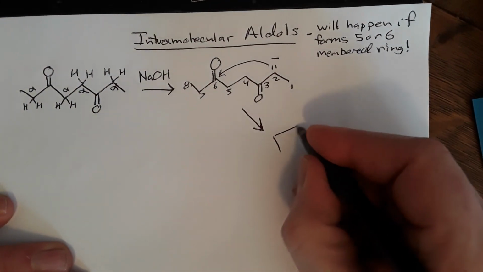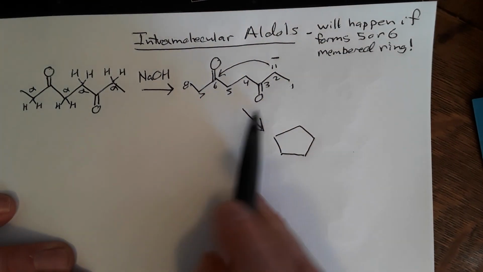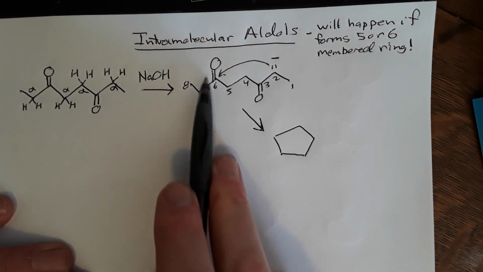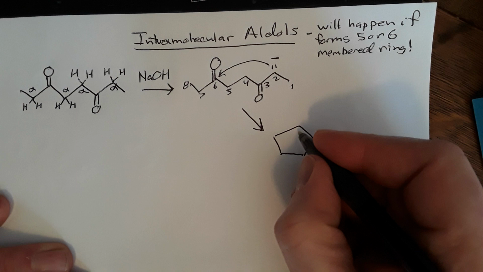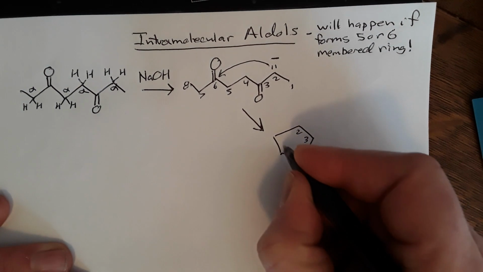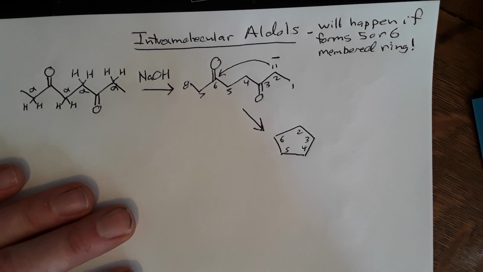So if I'm drawing the product, first thing I'm going to do is draw a 5-membered ring. And then I'm going to number that ring by the carbons that are in it, 2, 3, 4, 5, 6, and then let's see what else is on there, where the carbonyl is.